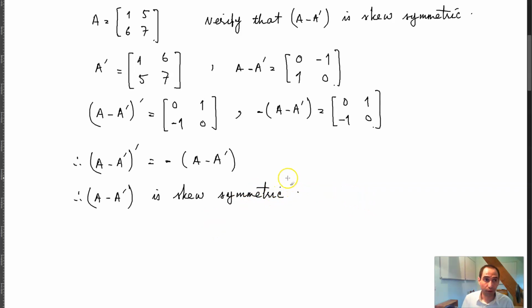Now question number 9 is you want to find basically 1/2 of this and 1/2 of that when A is equal to that. So suppose that this is question number 9.